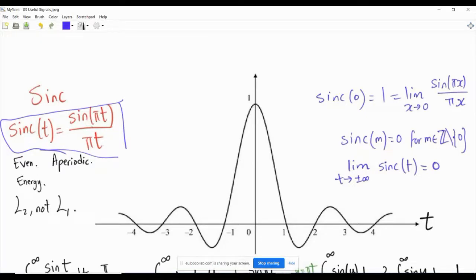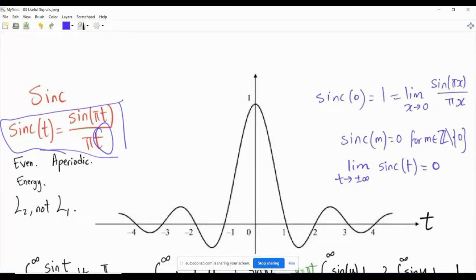Now, if you look at the sinc function, you see that there is a problem, and the problem is that you are dividing by t, and what if t is equal to 0? So definitely 0 should be excluded from the domain. However, the nice thing is that if you take the limit as t goes to 0, you'll find that the limit is equal to 1.